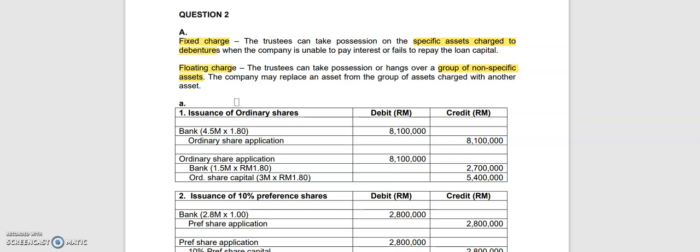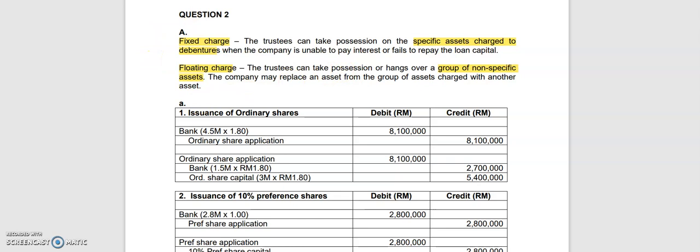As long as it is land that is an asset to your company. So you can replace the asset from time to time. Here the trustees can also take possession, but the asset is not fixed yet. So the company will decide later on which assets to be used as the floating charge.